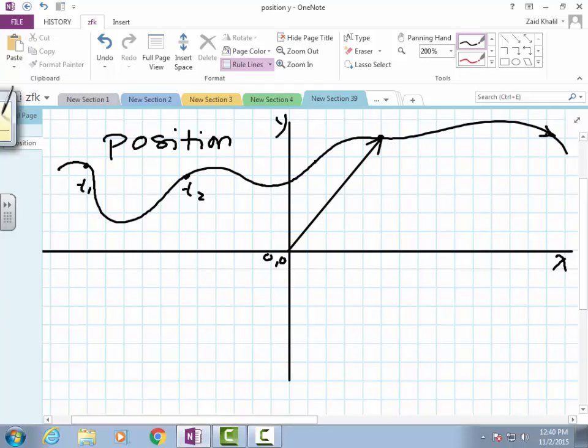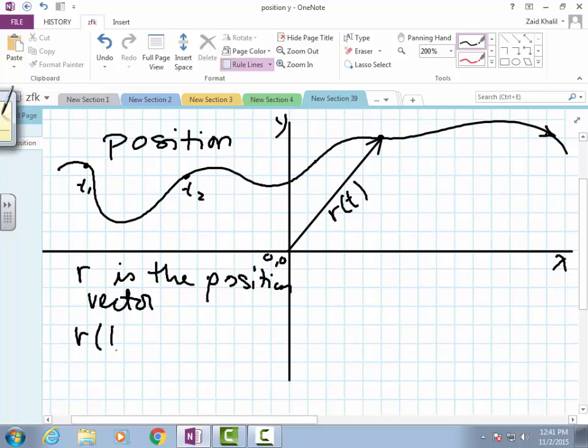So if you look at this position, what does this describe? This describes some R of T, where R represents what's called the position vector. So notice R of T1 is not equal to, I don't know, R of T5.